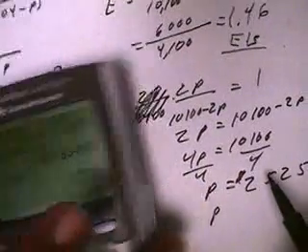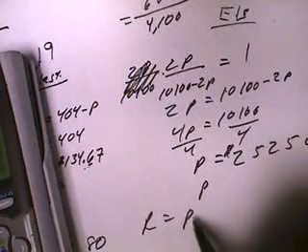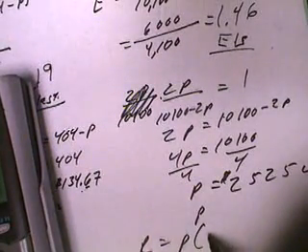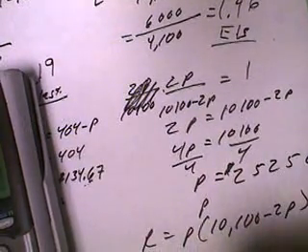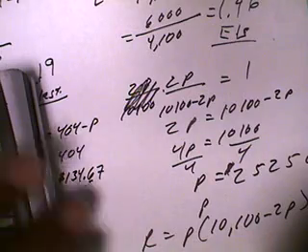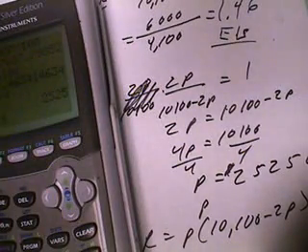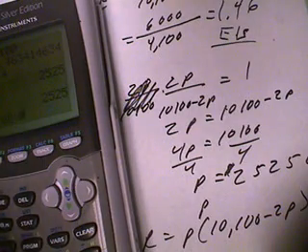And to find the maximum revenue, we will put this into the revenue function. I won't complete that, but it's basically the price times 10,100 minus 2p. Well, I guess I will complete it. We'll store this into X, and then we'll have X parentheses 10,100 minus 2 times X, close parenthesis.